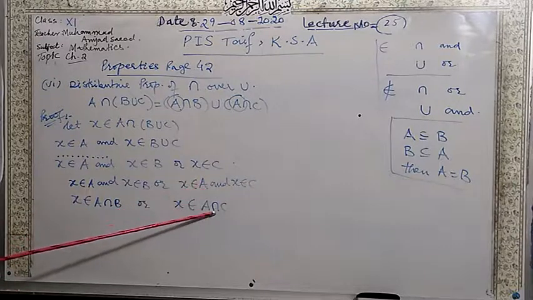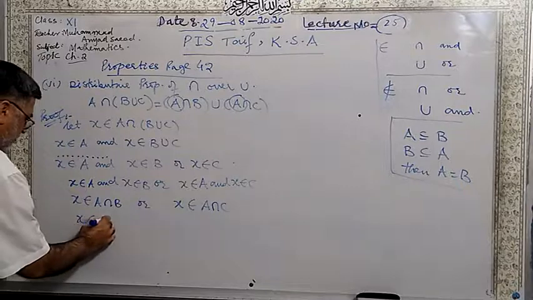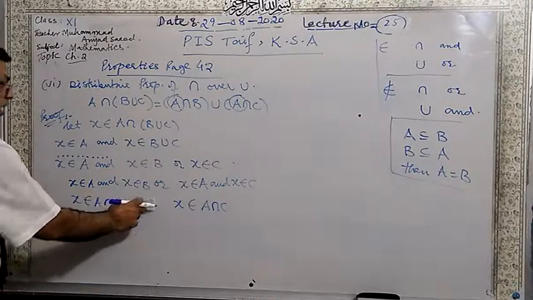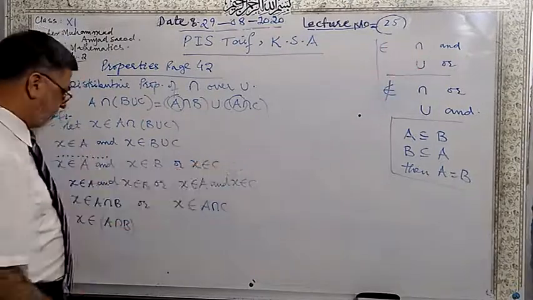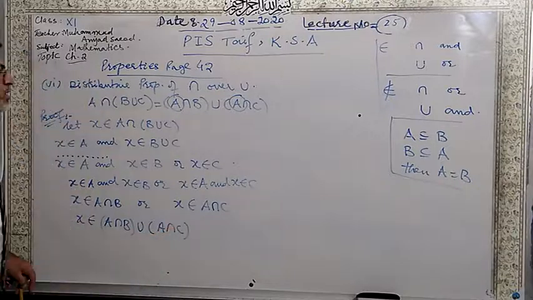Here is intersection, here is intersection. Then X belongs to A intersection B, or, you will apply union in the center. You can check.